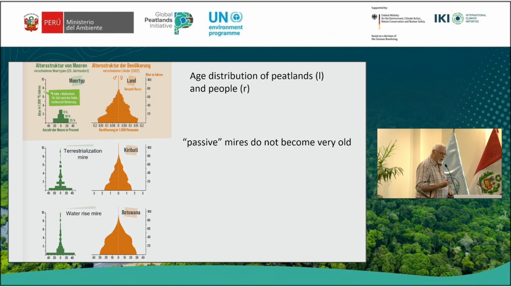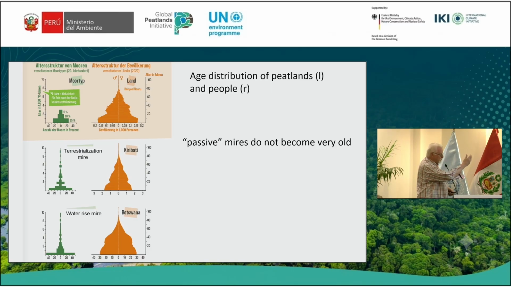You can compare peatlands with people. We've done that by comparing the age distribution of different types of peatlands with countries. The passive mires that only fill up existing water bodies, or that might rise because of external factors, do not become very old.